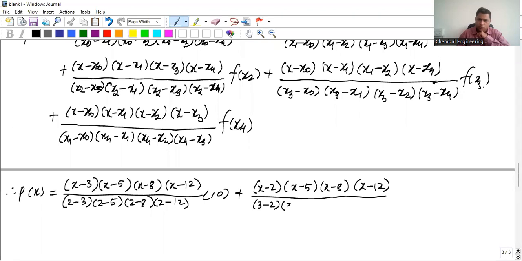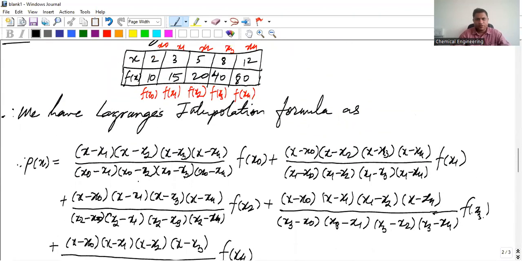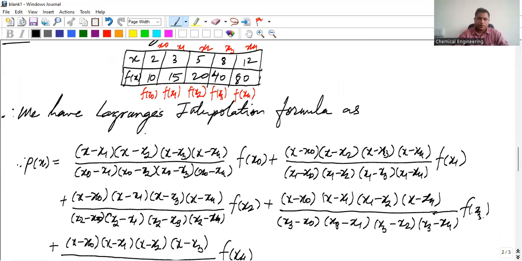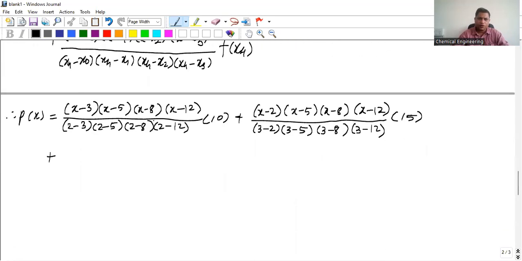So 3 minus 2, 3 minus 5, 3 minus 8, 3 minus 12. And we want f of x3. So is it 15? Are you getting this? Yes. So this is the 15 we are taking from the table. Okay, so I hope you have written the table.